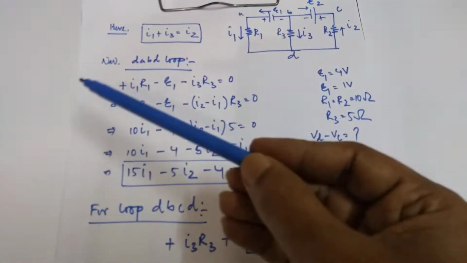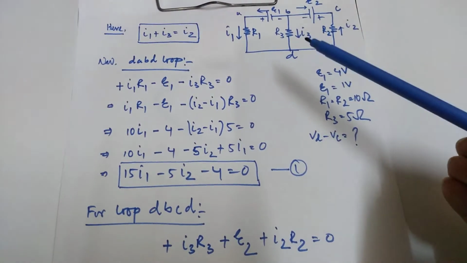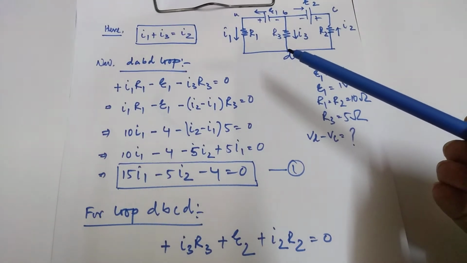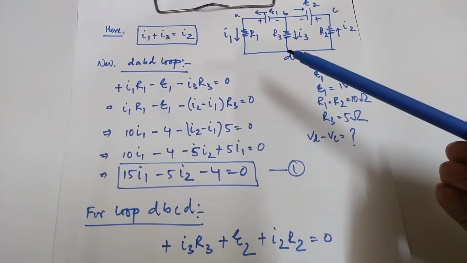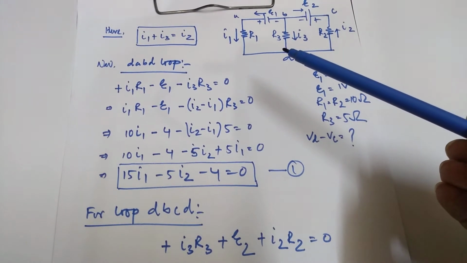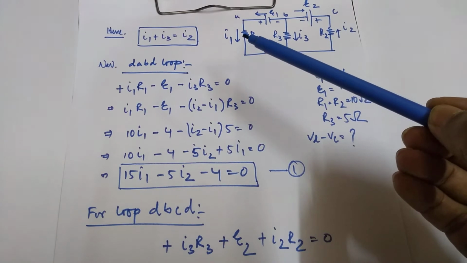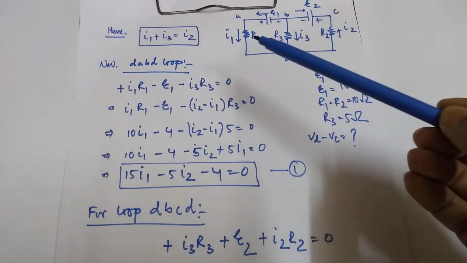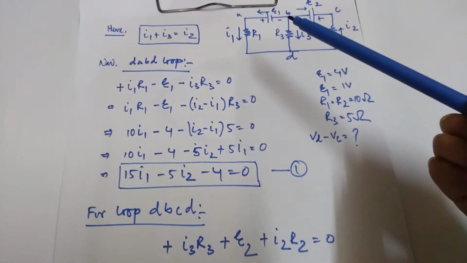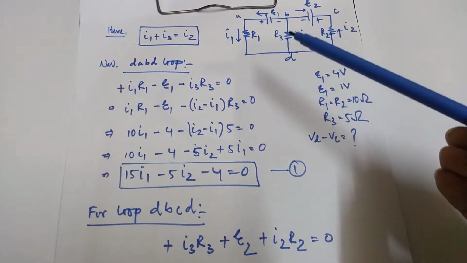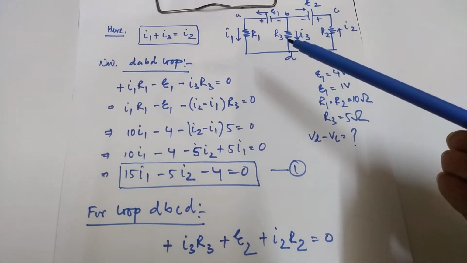So if I start from loop D, A, B, D, I start from point D, go through that path, and come back to the same point. Through R1, I move opposite to the direction of I1, so the voltage drop across that resistor is positive. Through R3, I follow the direction of I3, so the voltage drop across R3 is negative.